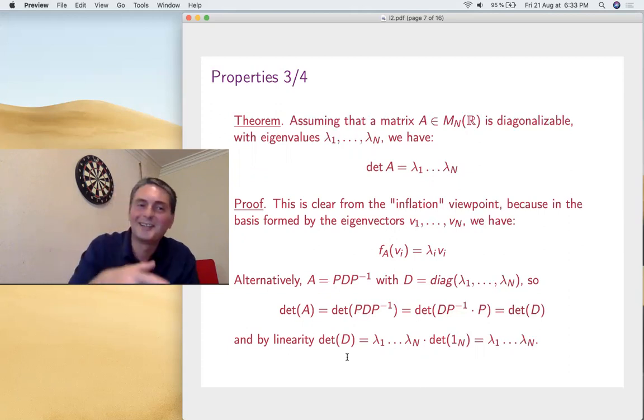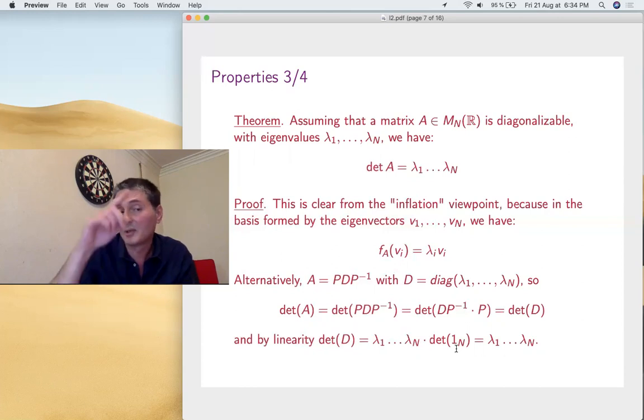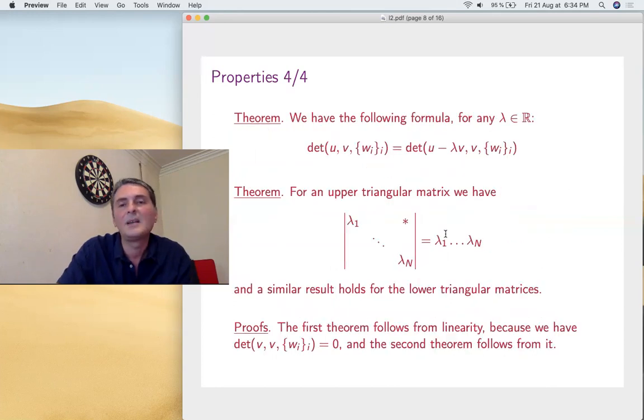By linearity, you can take a lambda 1, put it in front of your computation, and then a lambda 2, and so on. So you get this, times the determinant of what's left, the identity, which is 1, of course. So that's it. But again, this is just an illustration of this matrix calculus. The inflation viewpoint trivializes everything. Now, what else do we have?